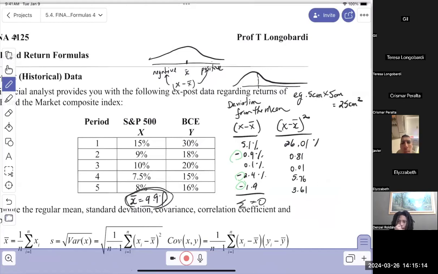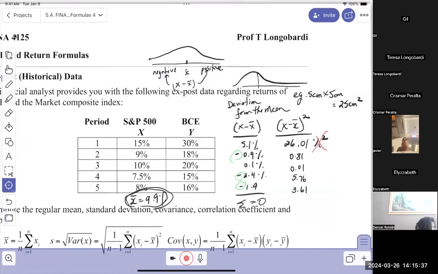So these are really percent squared. What does it mean? We don't use that. We don't interpret that. We do not even talk about that. So that's what we're going to do in our calculation of the average deviation from the mean. We're not going to talk about it.